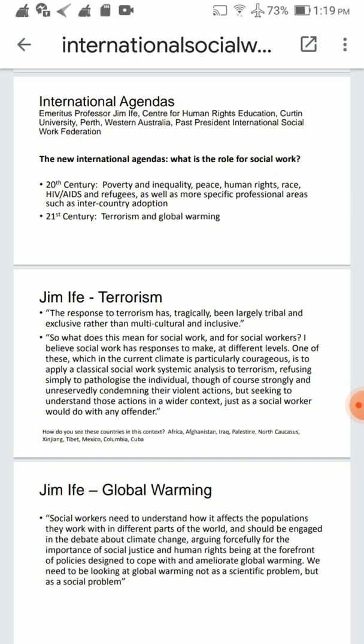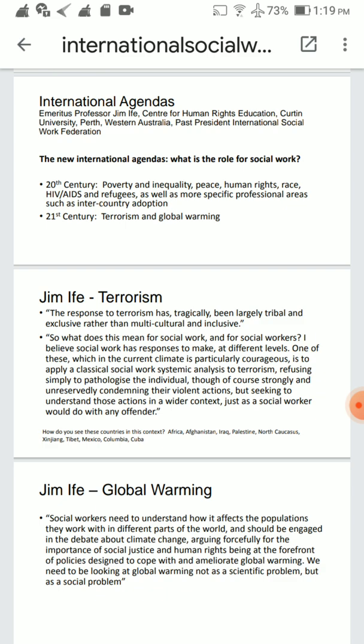On terrorism, the response to terrorism has tragically been largely tribal and exclusive rather than multicultural and inclusive. So what does this mean for social work and for social workers? I believe social work has responses to make at different levels.